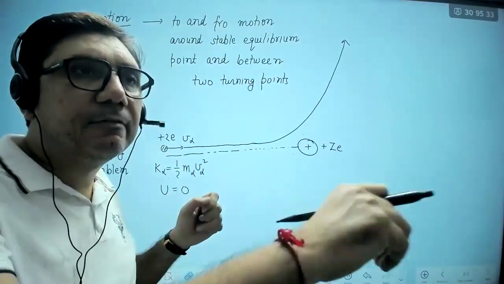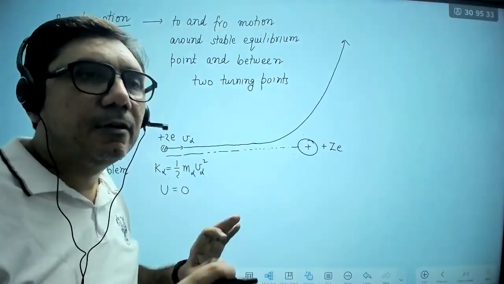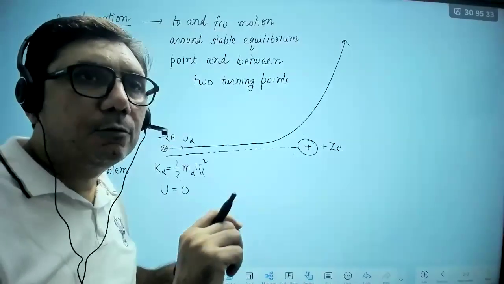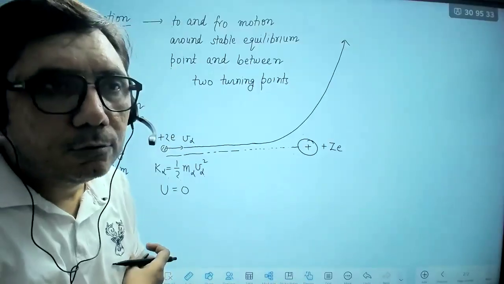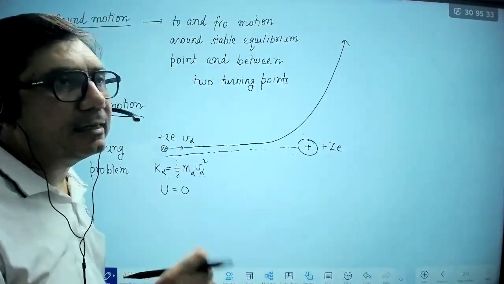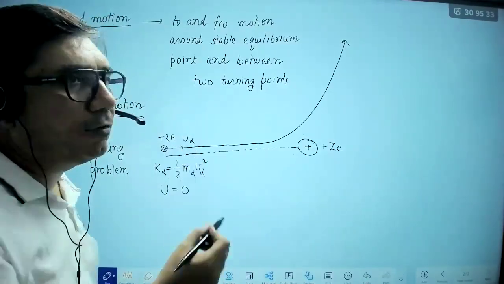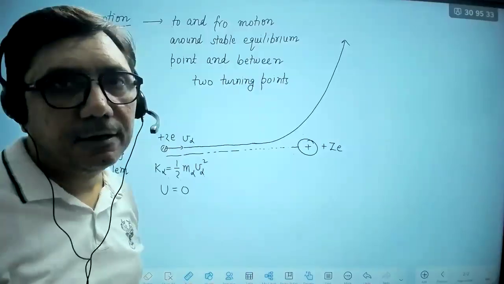If it is interacting with the electrons, that interaction will not have the ability to change the direction, or to cause this scattering, because the mass of this alpha particle is very, very large as compared to the mass of the electron.